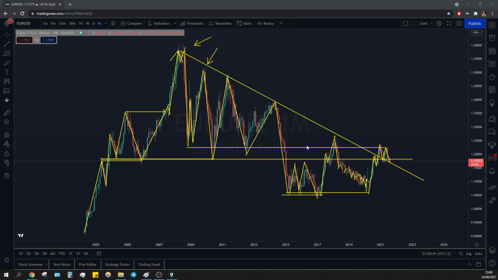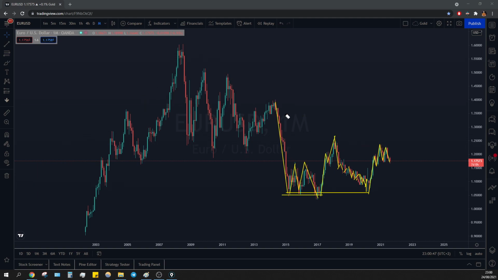So as you can see, most recently, in 2021, we're coming from a bullish run.